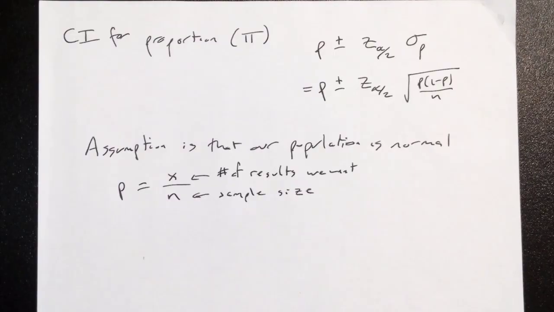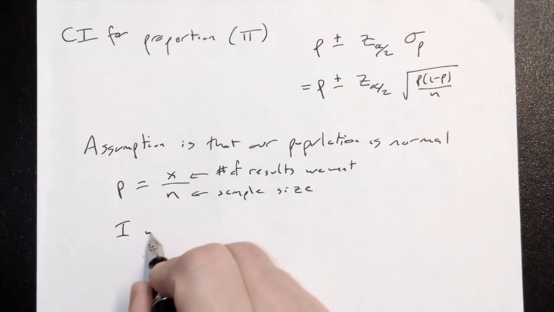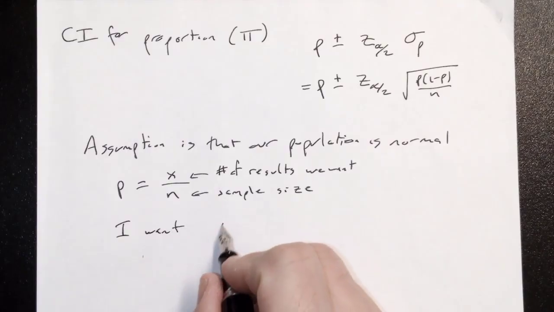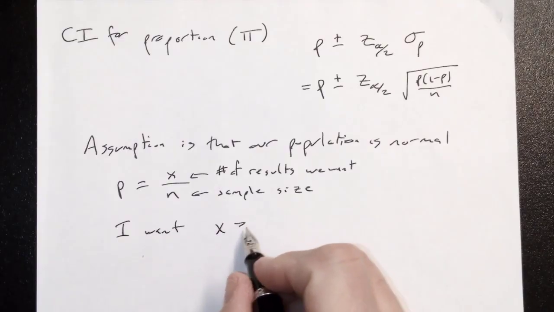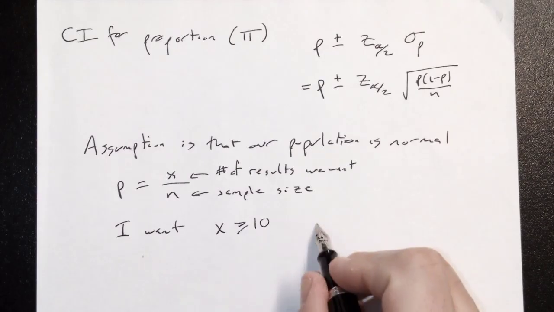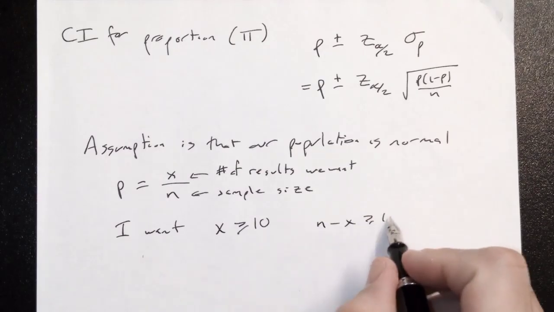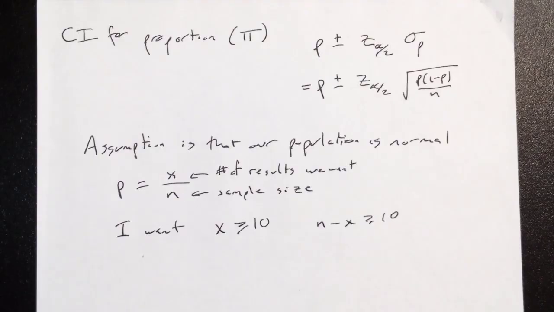I need to know that I've done enough not to be biased in favor of results that went the way we want or results that went against us. So I need, or at least I want, at least 10 successes and at least 10 failures in order to make this work properly.